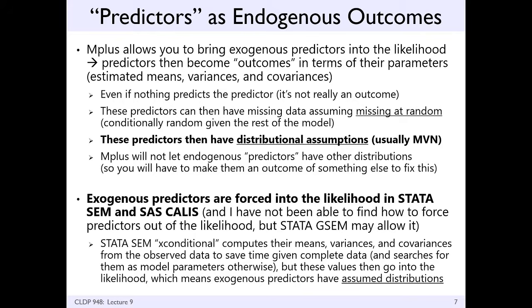So when I was learning SEM, the books that were published in that era, which would have been the early 2000s, they all said things like, all the variables have to be normal, all of them. SEM assumes multivariate normality. Because at the time, the software packages didn't have this option to put predictors in or out of the likelihood. Anything in the model was in the likelihood. So of course, anything in the model had to be multivariate normal.